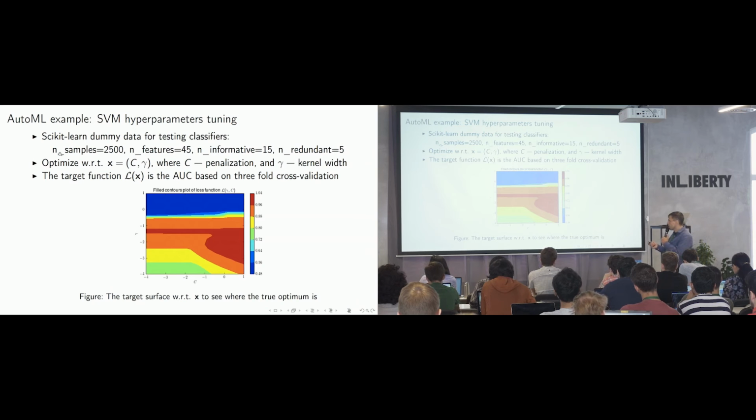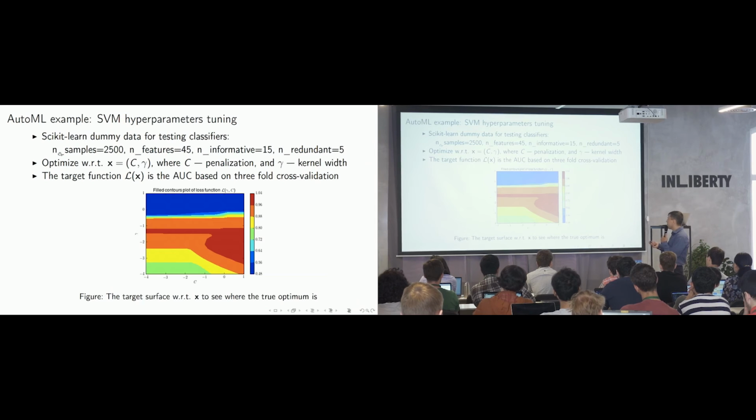What is important is that we would like to optimize the performance of this classifier with respect to two hyperparameters of the support vector machine. The first hyperparameter is C, the penalization for slack variables, and gamma is the kernel width.